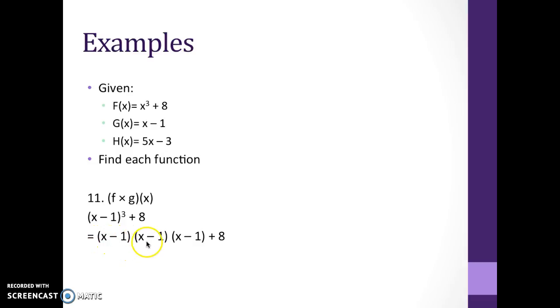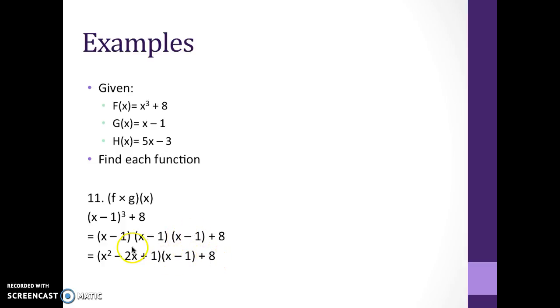So x times x equals x squared, x times negative 1 equals negative 1x, negative 1 times x equals negative 1x, so that'll be negative 2x, and negative 1 times negative 1 equals positive 1. Then we bring down that third binomial of x minus 1, and we have our positive 8.